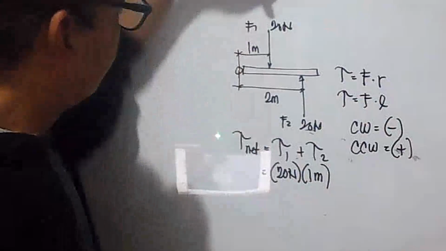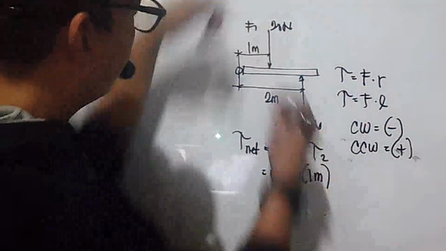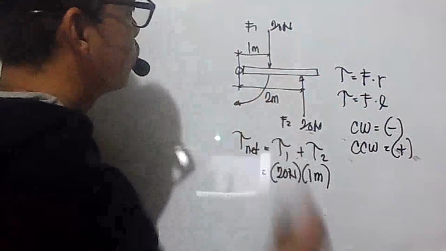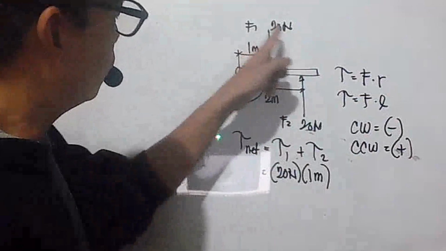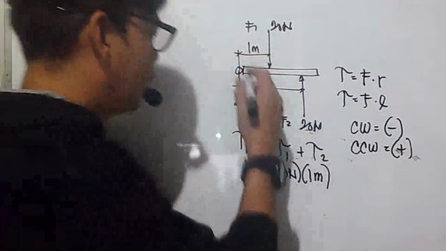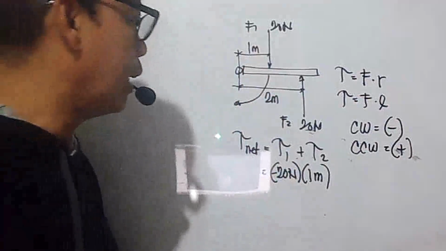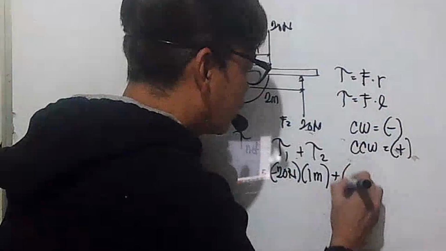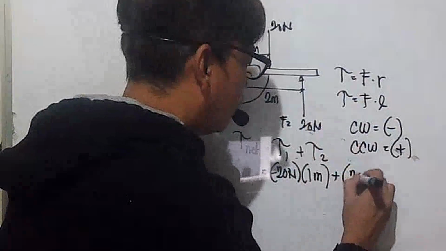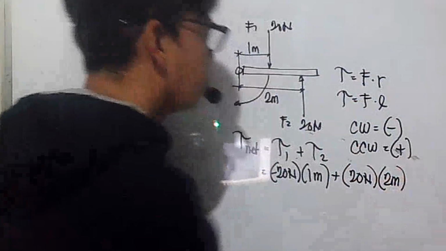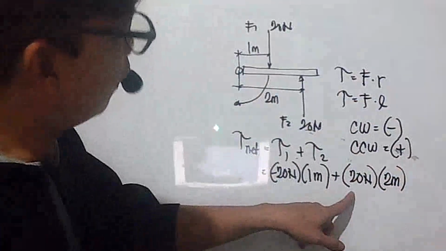If F1 pushes this way, it will create a rotation of the door going this way, so it is clockwise, meaning your force is negative. Next, plus F2, which is still 20 newtons, but with a distance of 2 meters. Now let us look at the second force.